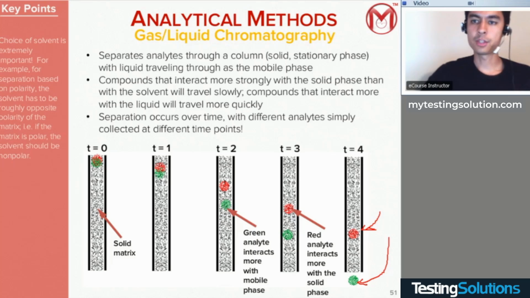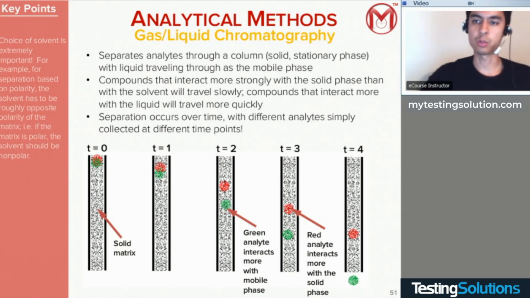Okay, the answer is the green one is more polar. The mobile phase traveled faster through, the mobile phase is polar. And so the green one, spending more time with the mobile phase, means that it's more polar. So the green one must be more polar, the red one must be less polar. And this is how we can separate molecules based on polarity.